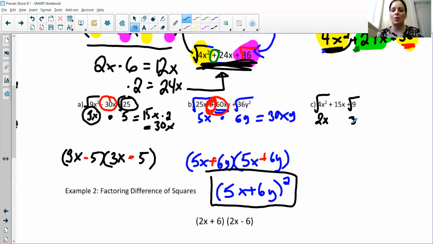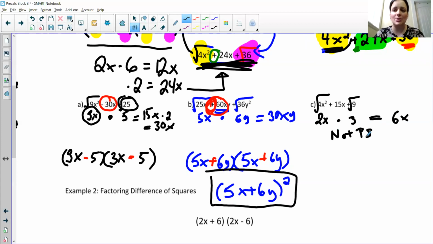Okay, so 2x times 3 is going to give us 6x. Is 6x times 2 15x? The answer is no. This is not a perfect square.